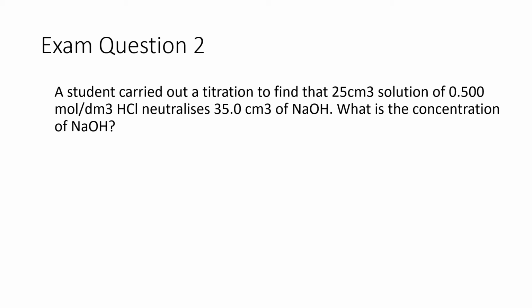A student carried out a titration to find out 25 cm cube. That's the volume of 0.500 moles per dm cube concentration of HCl, which neutralizes 35.35 of NaOH, so another volume there. And we're looking at the concentration of NaOH. So let's do the conversions first to get them all in the right units.